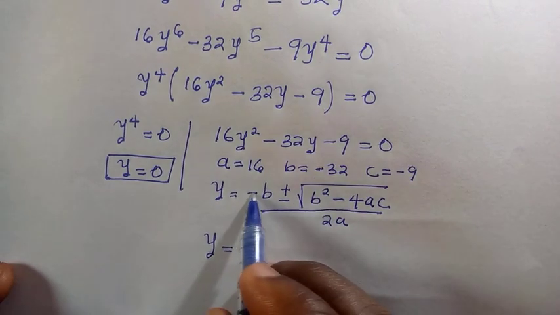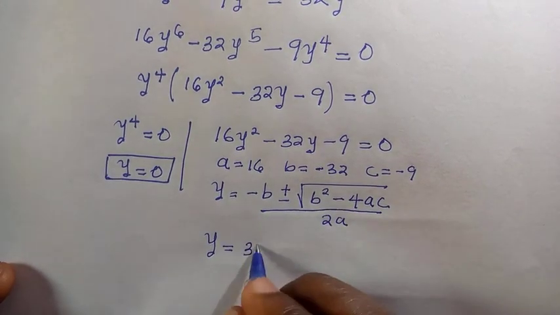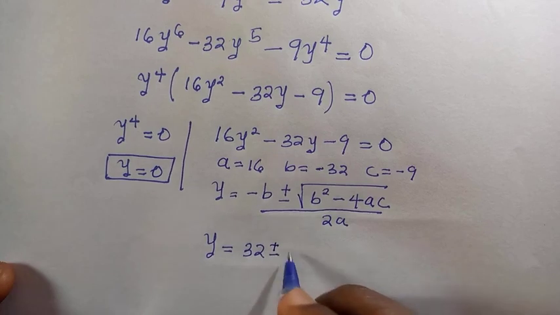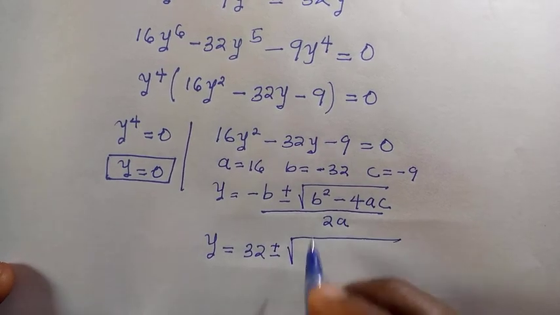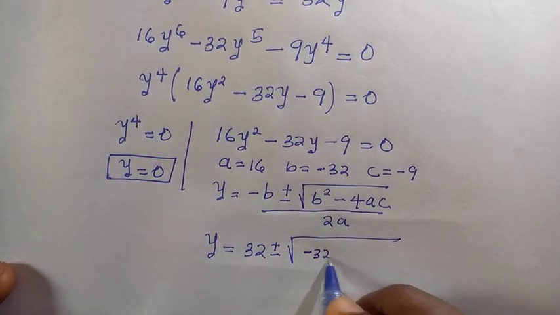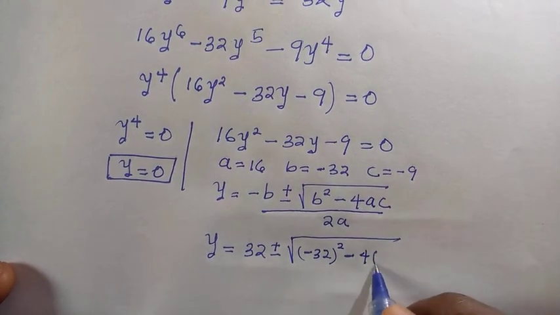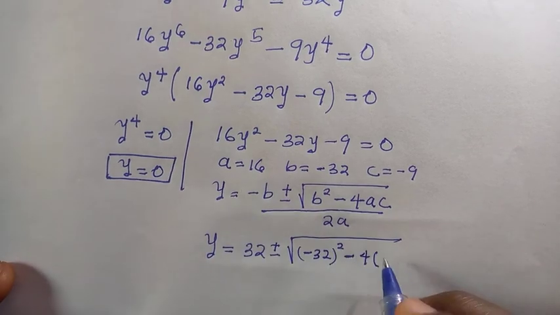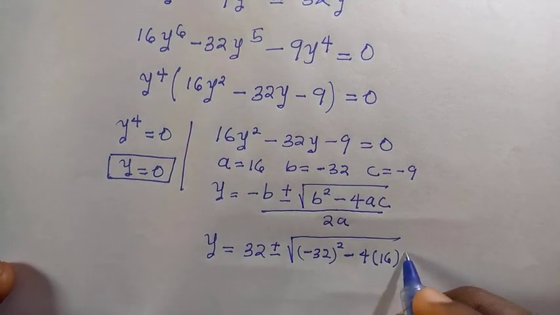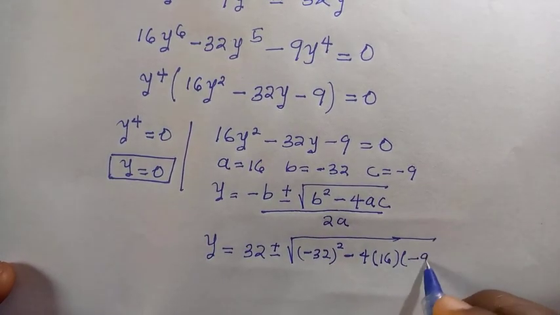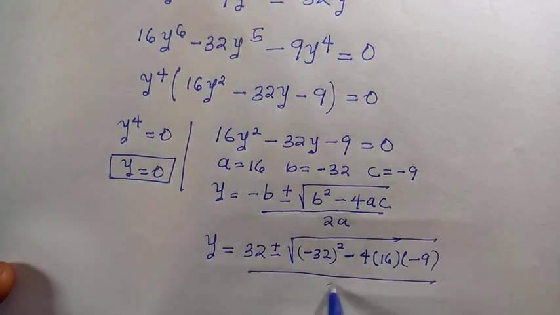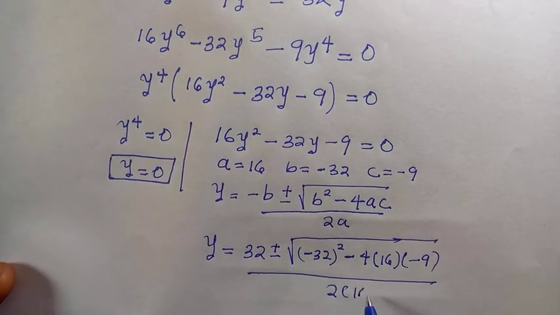Minus and minus will negate each other and become plus. Now we have 32 plus or minus the root of minus 32 raised to the power of 2 minus 4 times 16 times minus 9, all divided by 2 times 16, 16 being the value of a.